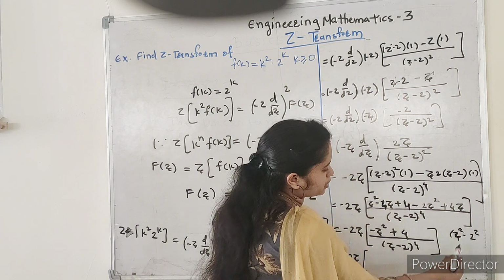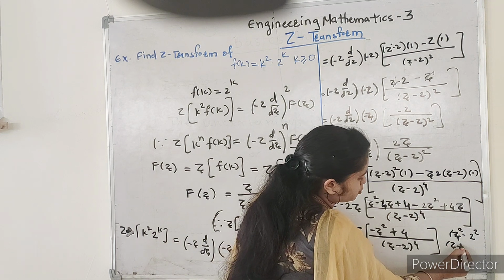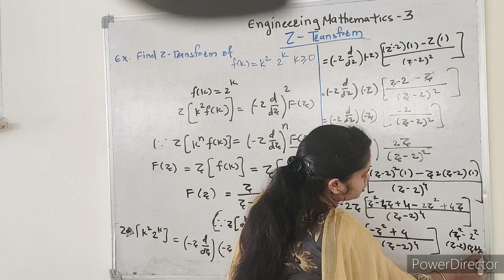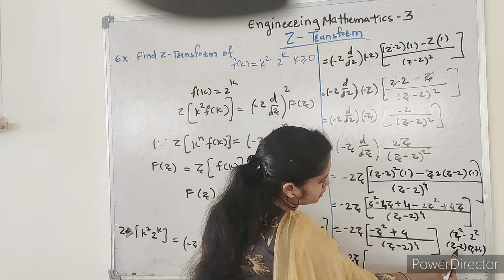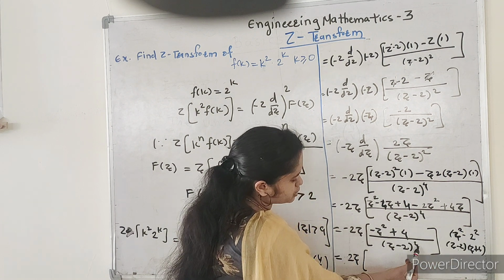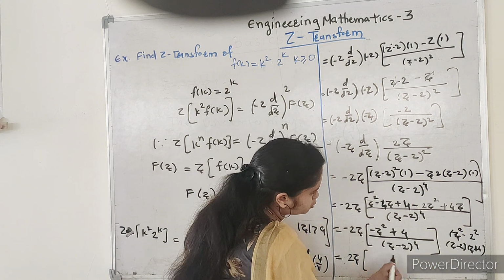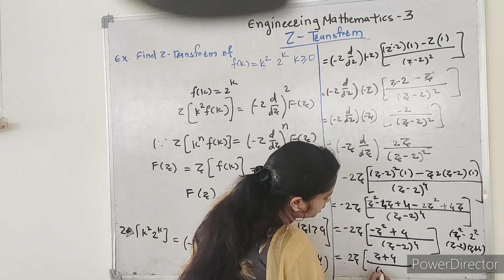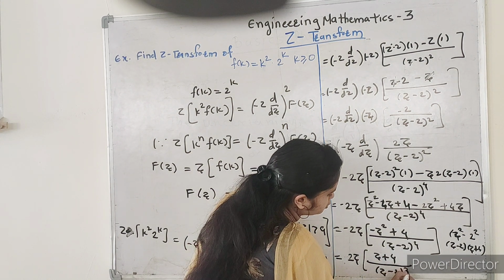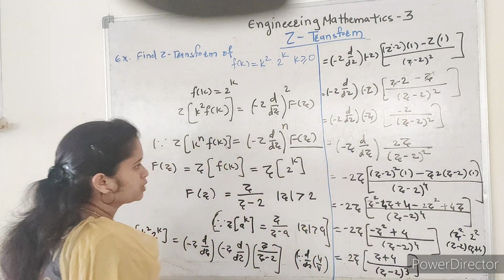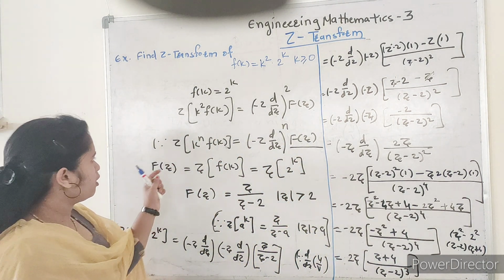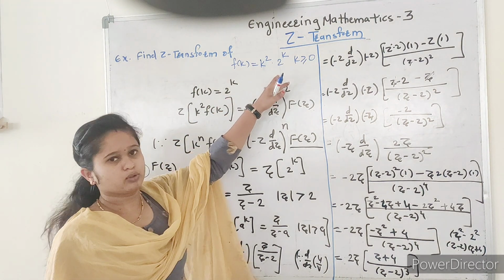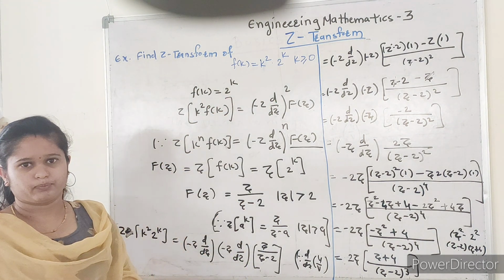This is z square minus 2 square, that means z minus 2 into z plus 2. And here this z minus 2 and the one z minus 2 get cancelled. So here we get z plus 4 upon z minus 2 raised to 3. So this is the z transform of k square into 2 raised to k.